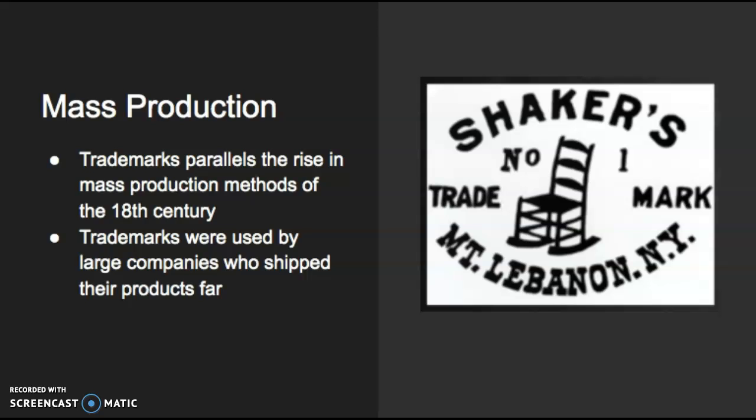So for instance, let's say there's a company in England that's shipping to something in America. They just wanted to have that trademark to be able to identify, oh, that's that product. And a lot of people are big on brands, like many of you, like your brand items. Having that trademark would let people know, like status, oh, you have that from there, ooh, that's really special. So trademarks really helped to anchor that brand and that status.